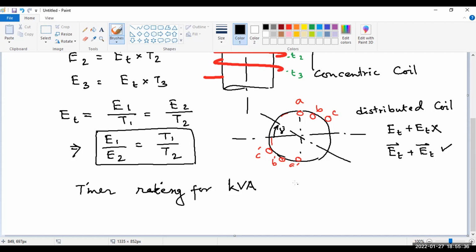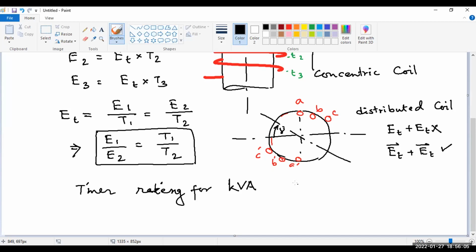That is basically mechanical power, which has the unit of watt or kilowatt or horsepower. But electrical power has the unit of volt ampere, maybe kilovolt ampere, megavolt ampere, kVA or MVA or VA. So that you should remember.